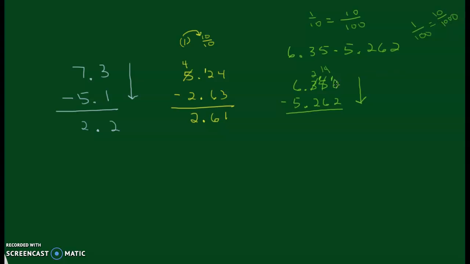So 0 thousandths plus 10 thousandths is 10 thousandths. Now I can do 10 subtract 2 is 8. 14 subtract 6 is also 8. 2 subtract 2 is 0. 2 tenths minus 2 tenths is 0, and 6 subtract 5 is 1. So I get an answer of 1 and 88 thousandths.